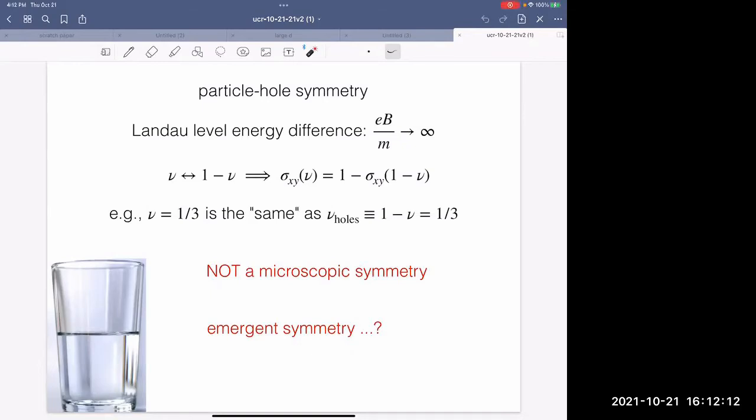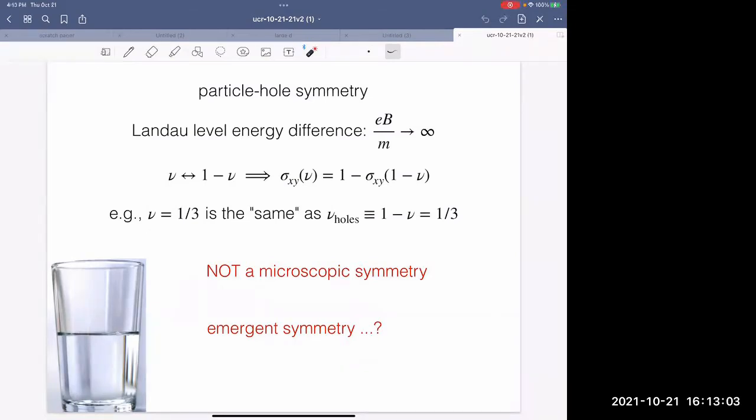Let's focus on the lowest Landau level, so nu here is between 0 and 1. You can either think of the physics at some filling fraction nu as filling an empty vacuum with electrons, or alternatively as depleting a filled Landau level with holes. This particle-hole transformation relates states at filling fraction nu and 1 minus nu. So in particular, a state at 1/3 is the same as holes at 1/3 or electrons at 2/3.